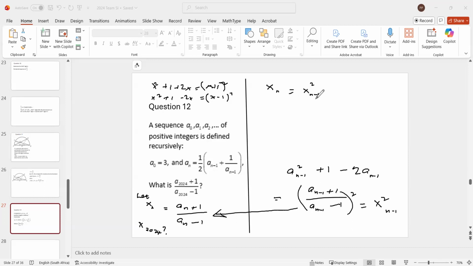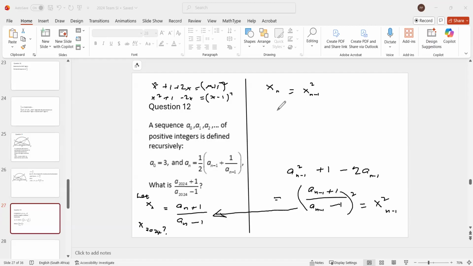So this is the previous term, and this is the next term, because n minus 1 and n are consecutive numbers. To get to the next term, you take a term and you square it. The next one will be the square of that, and so on. So if you know the first term, then you know all the terms.